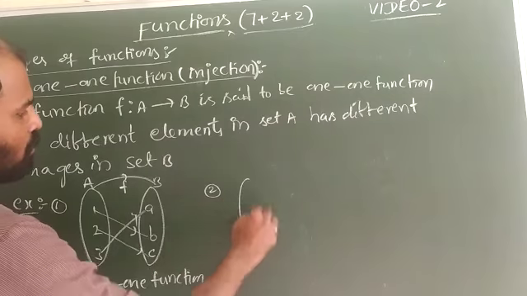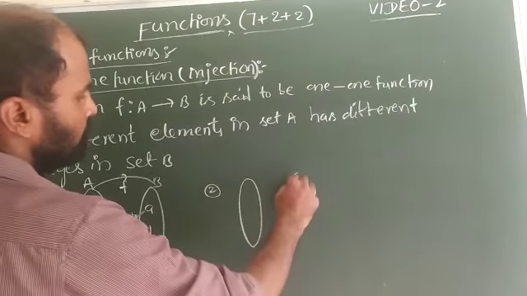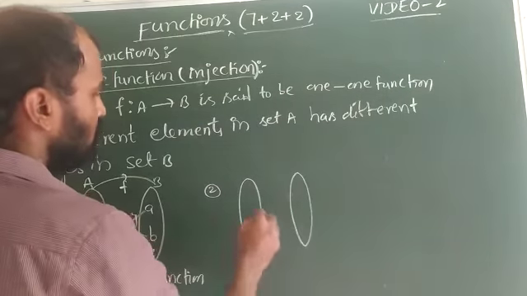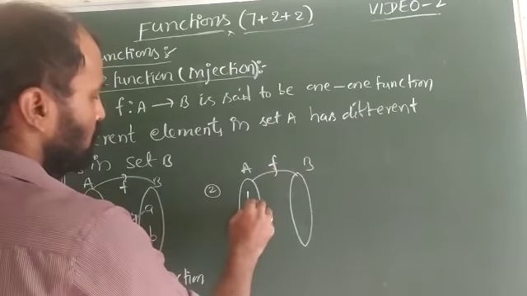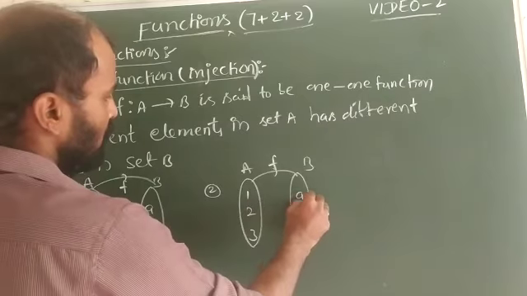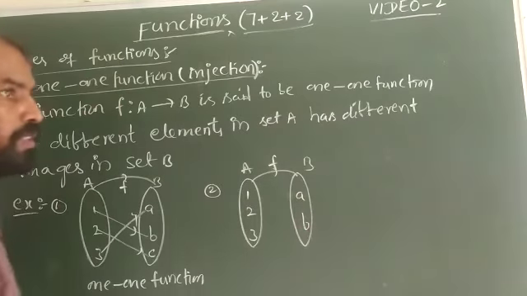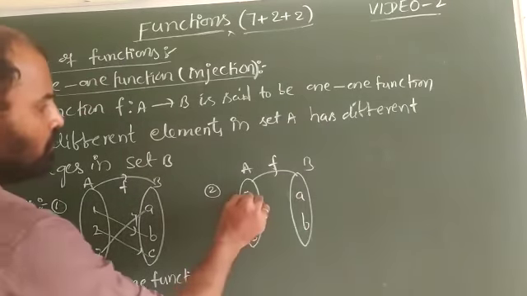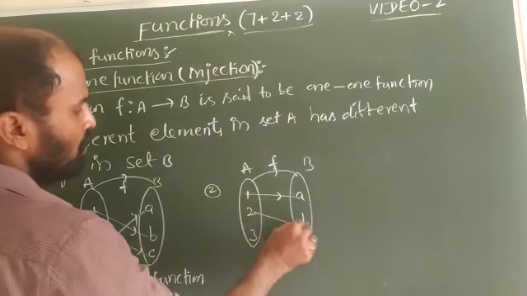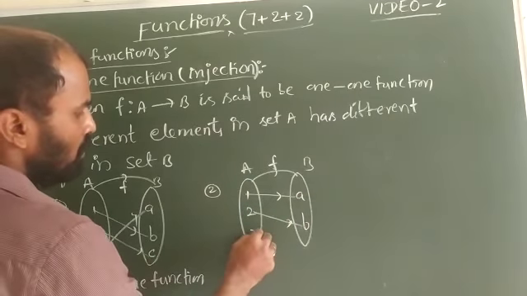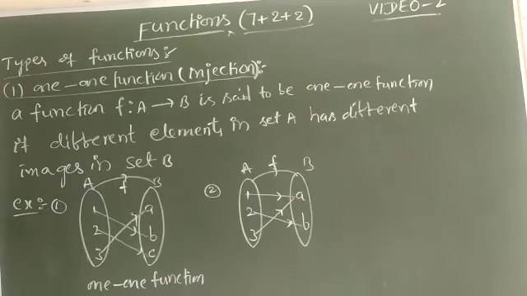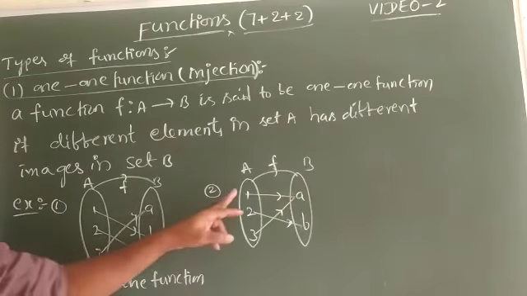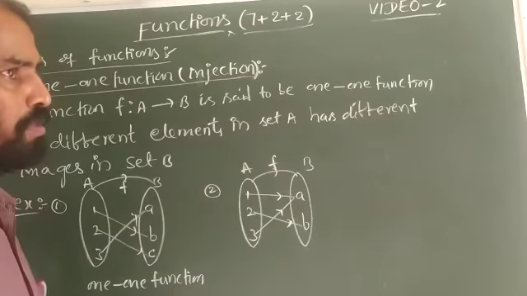Now see example 2. A, B, f from A to B. 1, 2, 3, A, B. Now here 1 goes to A, 2 goes to B and 3 goes to A. This is not a one function, since 1 and 3 have the same image.